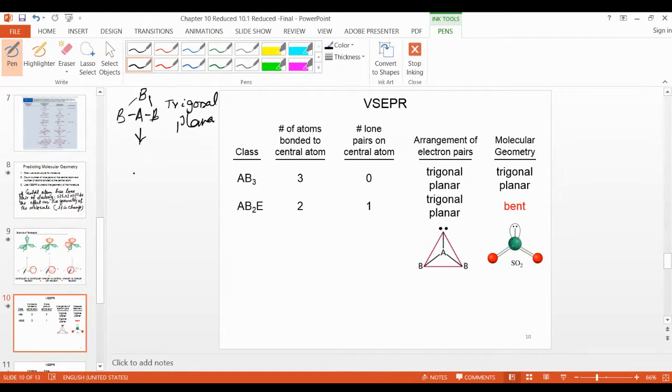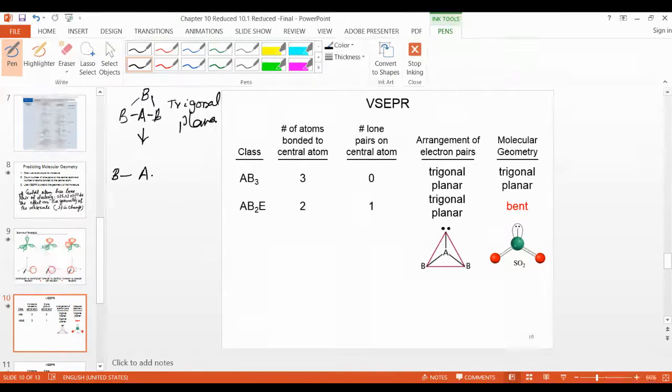But if you have a lone pair on the central atom, suppose this is AB2 and one lone pair is present on A in place of B, we can write AB2E. We also consider that as a bond pair, of course it is a lone pair of electrons.